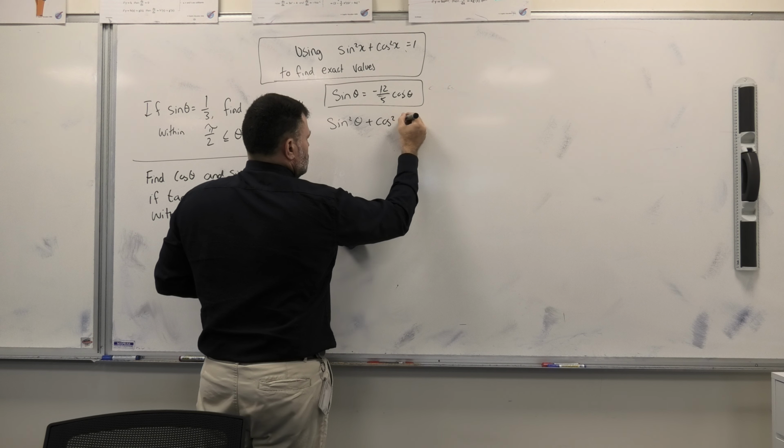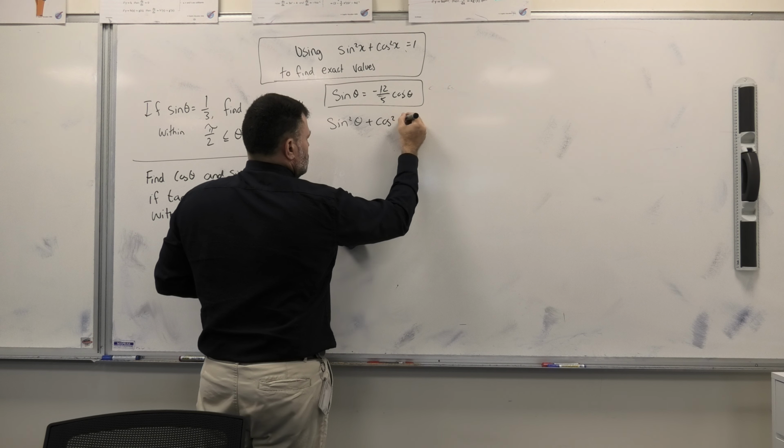I have an answer for sine here. My answer here is negative 12 on 5 cos theta. So let's replace that. So now we're going to have negative 12 on 5 cos theta all squared plus cos squared theta is equal to 1.